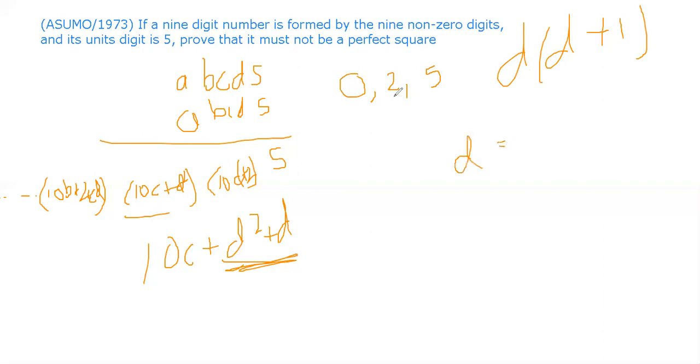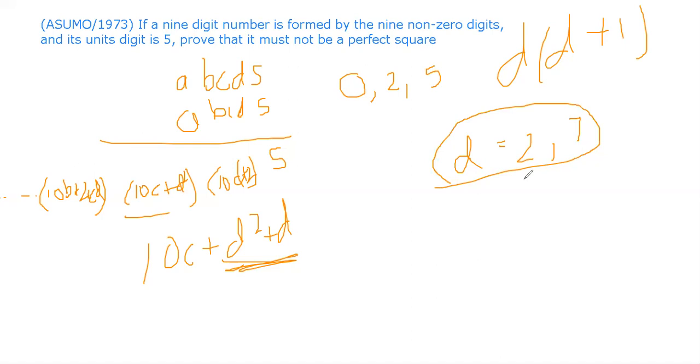If it is 1, 1 times 2, not allowed. 2, 2 times 3, it can be possible. 3, 3 times 4, not allowed. 4, 4 times 5, not allowed. 5, 5 times 6, not allowed. 6, 6 times 7, not allowed. 7, 7 times 8, 56 is allowed because it ends in 6. 8, 8 times 9, 72, not allowed. 9, 9 times 10, again not allowed. So d can only have two possible values, that are 2 and 7.